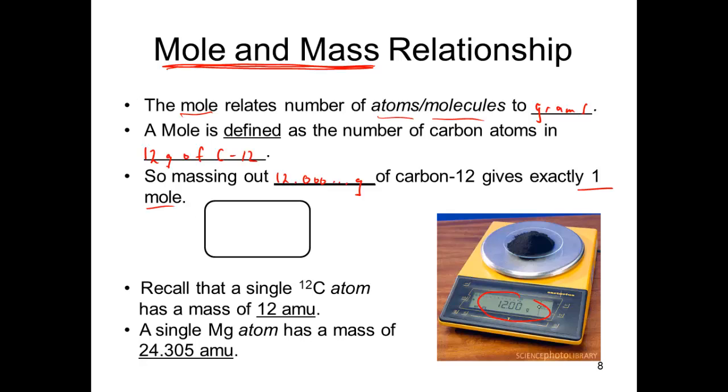So let's look at this. If you massed out 12 grams of carbon, you would have 1 mole of carbon. So a conversion factor that we could use here is that 12 grams, it's 12.000, but I'll just put 12 grams of carbon-12 is equivalent to 1 mole of carbon-12.